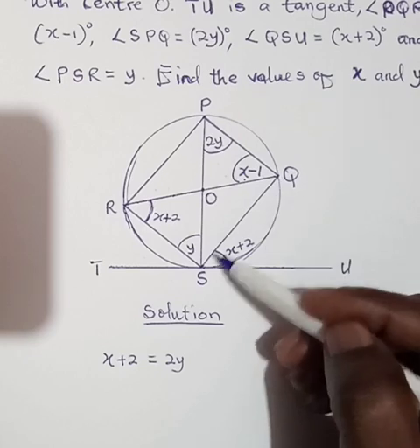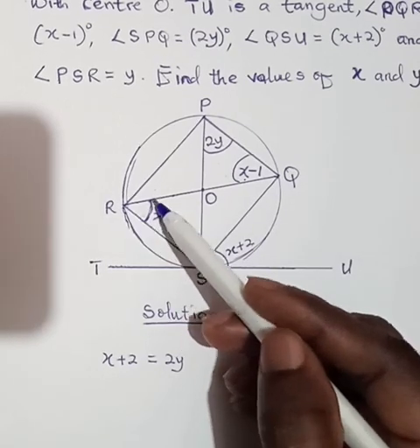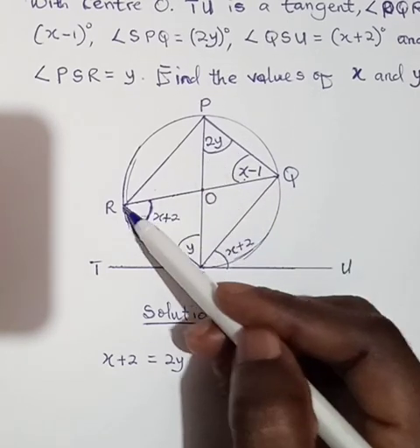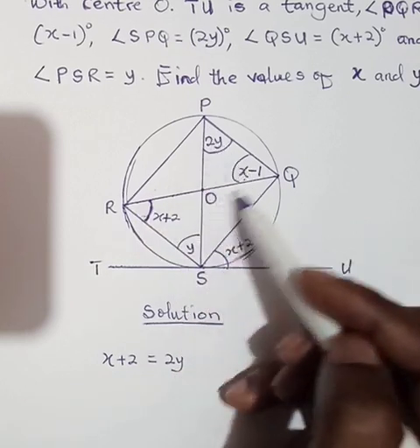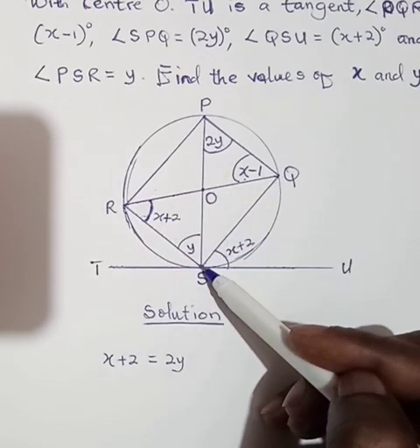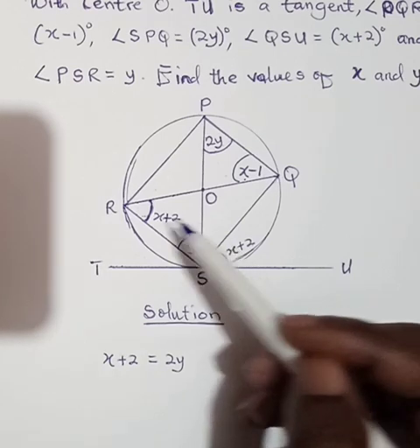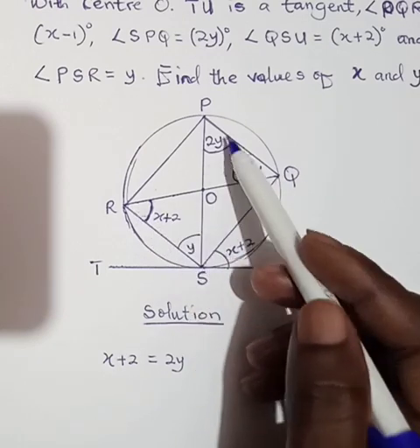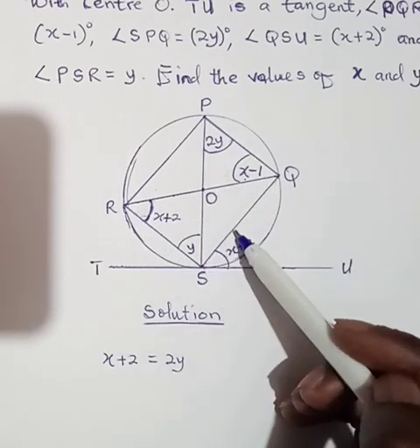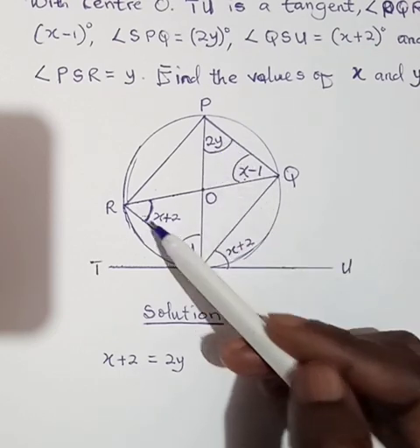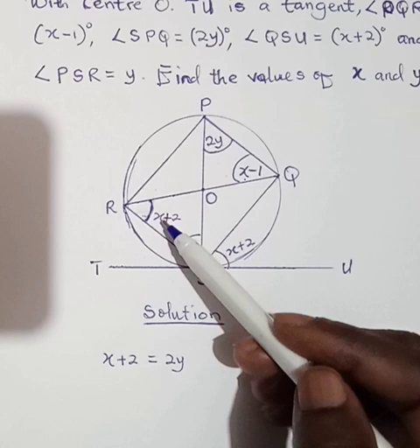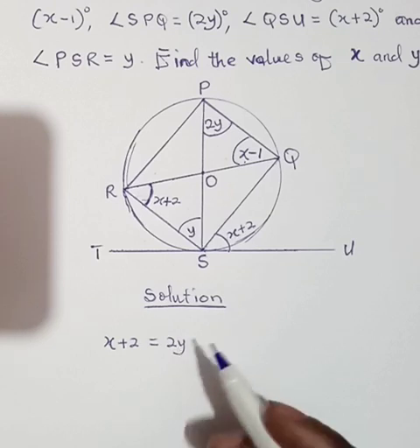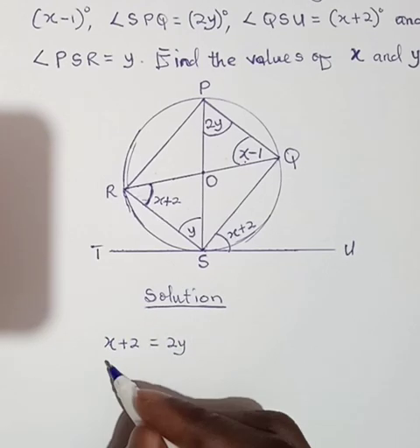So this is a chord, and this angle here and this angle here are the two angles at the circumference subtended by this chord. So that property also holds, which means this is also equal to this. That's why I have created this to this, so I can group this as this.